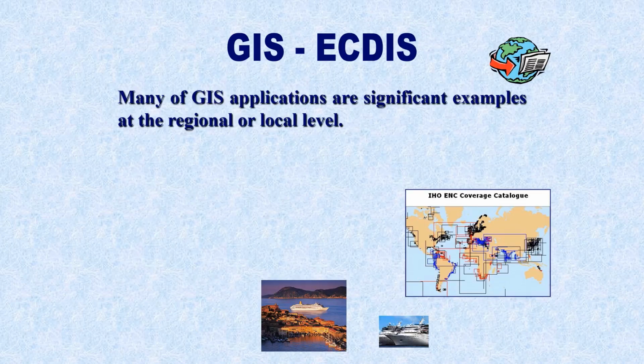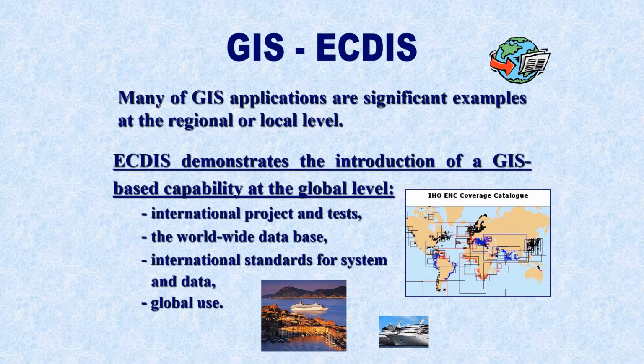Now, many of the GIS applications are significant examples at the regional or local level. Let me give you an example here. Say there is an oil spill accident which has happened in a certain area.